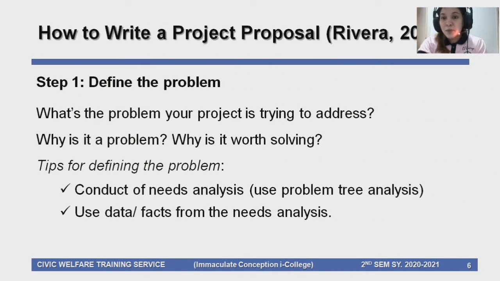How to write a proposal project? Step 1, define the problem. Alamin niyo muna yung problem sa isang barangay or area ng isang barangay. Meron akong checklist ng mga possible problems na pwede ma-encounter sa isang community.